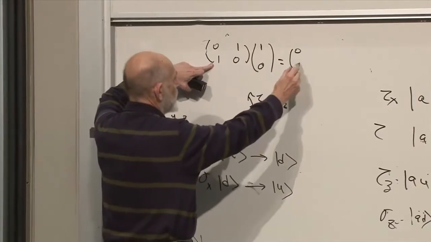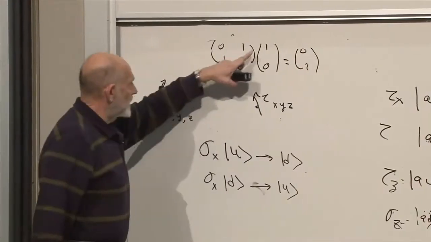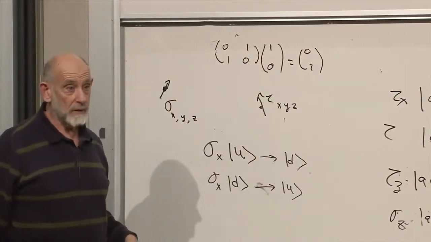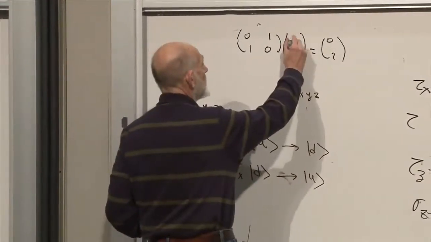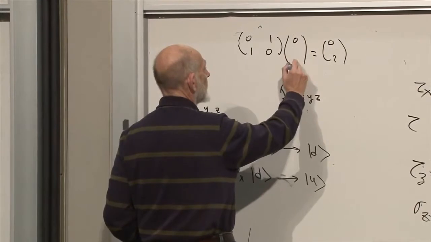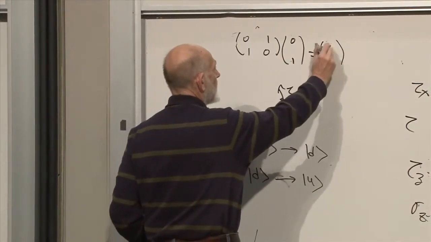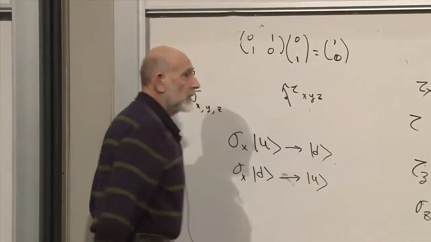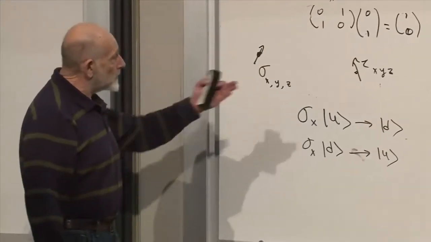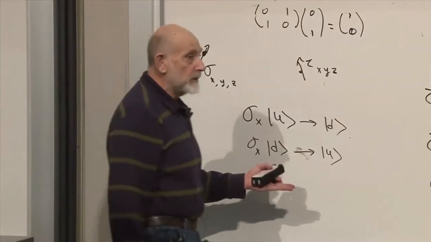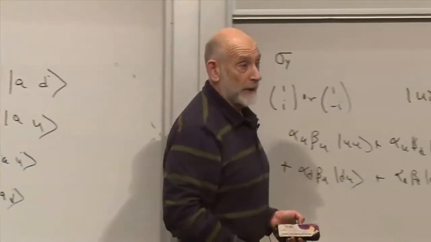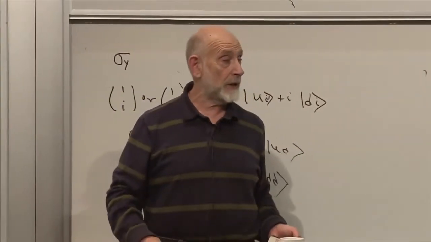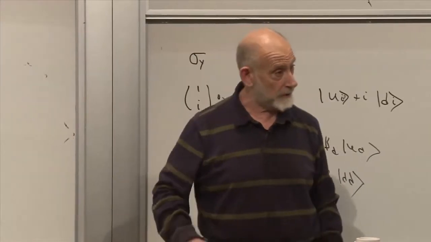This times this is 1. So up has gone to down. Likewise, if we put a 0 here and a 1 here, this would become a 1, 0. So it just takes (1, 0) and flips it to (0, 1), and back and forth like that. In general, of course, you would be right, but for this particular case, it just gives you back.